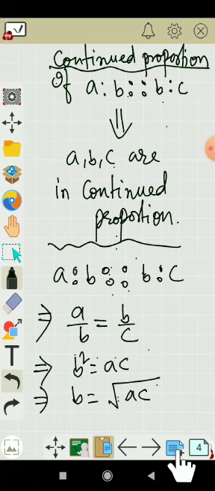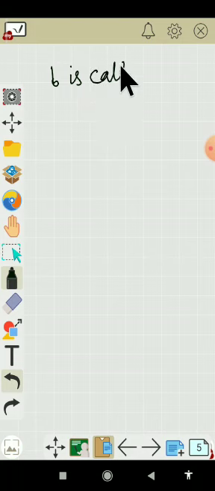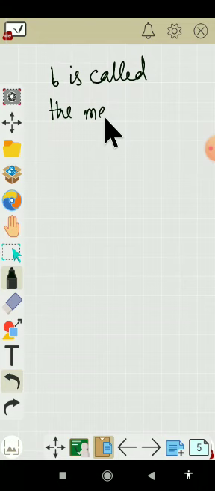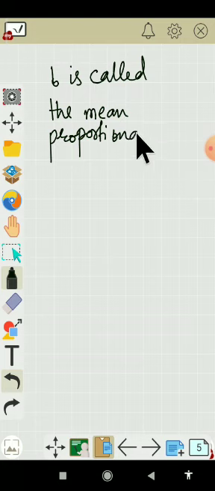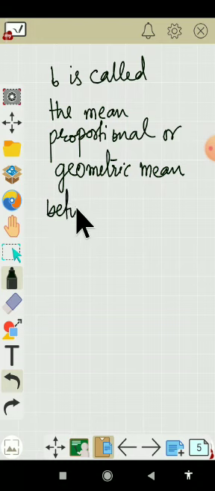Write down that B is called the mean proportional or geometric mean between A and C.